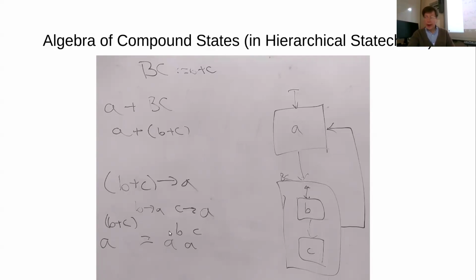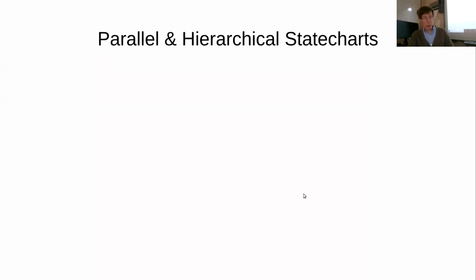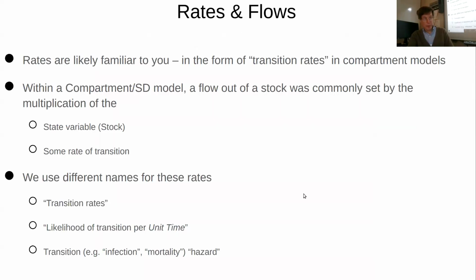These are equivalent. And indeed, that's what this is. This map, this way of going from B plus C, either B to A or C to A, is that information. If you need to specify how you can get from either B or C to A, it's the same as specifying the ways of getting from B to A and the ways of getting from C to A. So there's an algebra of compound states that I won't get into, also with respect to the entry point. Okay.